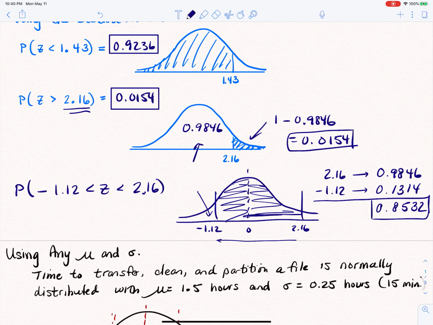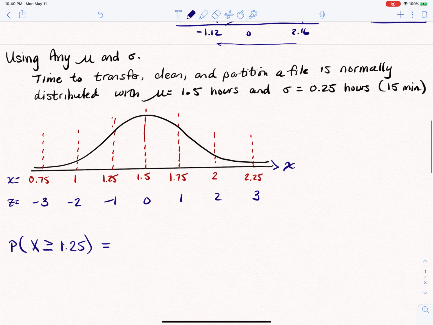Okay? So now let's look at an application, and here is where we're going to really see the correspondence. So you notice I drew a lot of things here. If I want to use any mu and sigma, let's say the time to transfer, clean, and partition a file is normally distributed with a mean of 1.5 hours and a standard deviation of a quarter hour, which is really 15 minutes, but units are very important, so we have to use the same units for each piece.